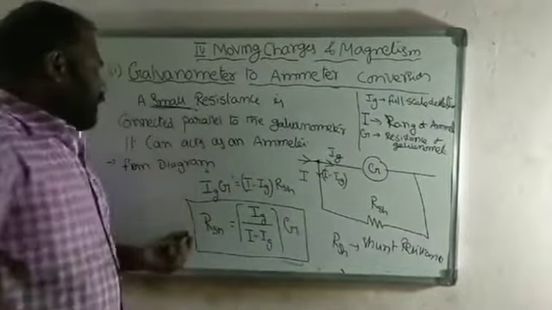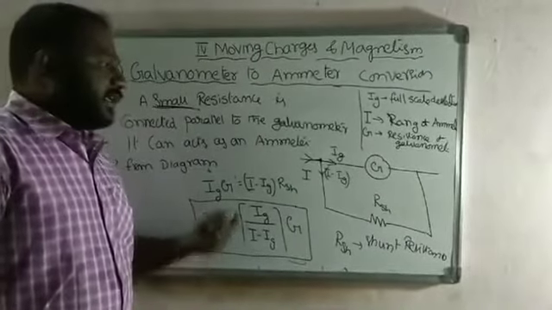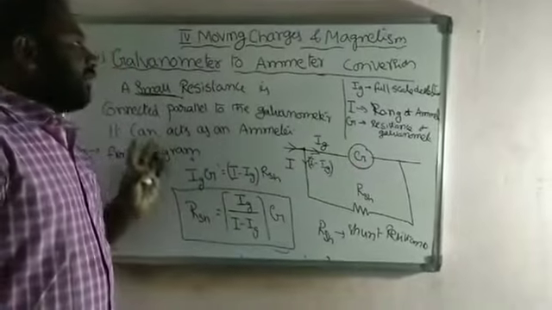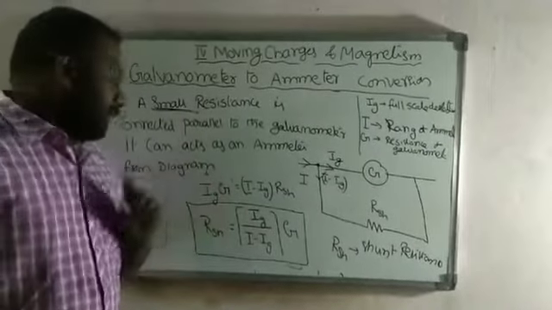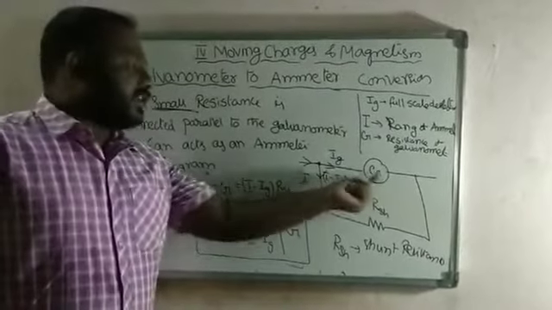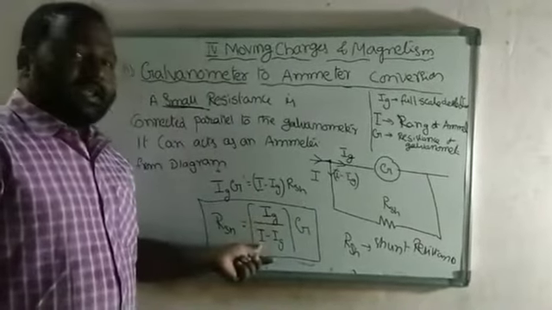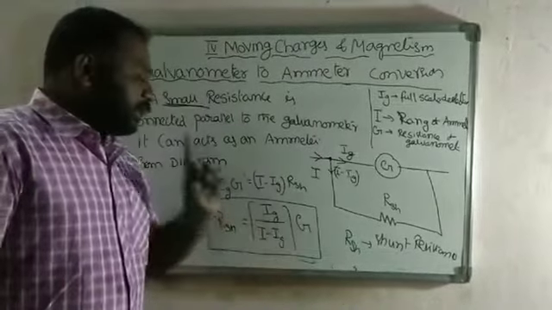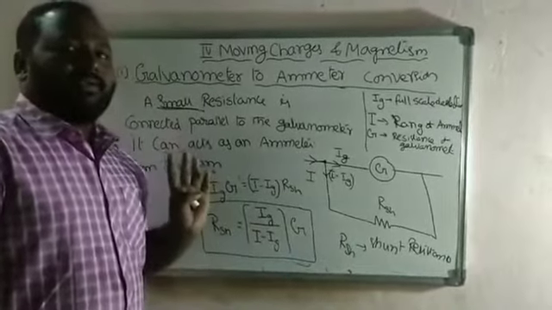Remember this: when a small resistance is shunted, that is, connected in parallel to the galvanometer, the galvanometer is converted into an ammeter. The shunt resistance is equal to the full scale deflection of the galvanometer divided by (range of ammeter minus full scale deflection), into the resistance of the galvanometer.